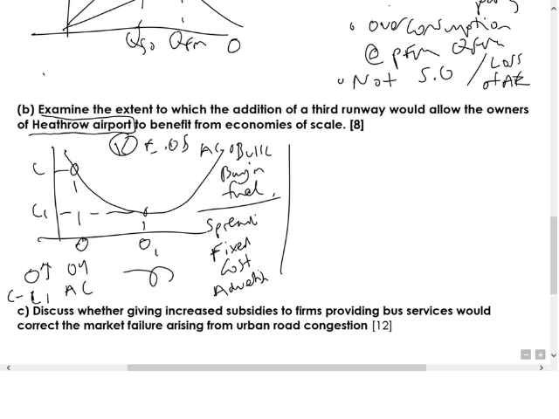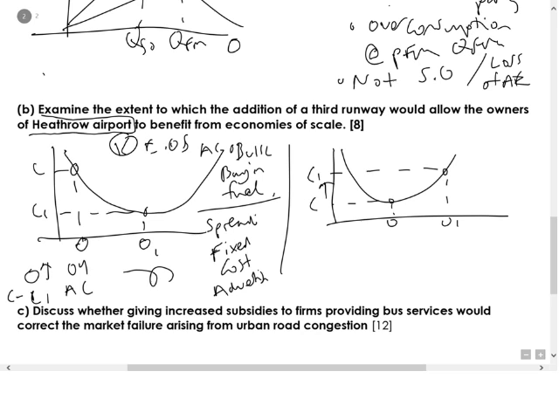Reasons why it might not. So you could just use the same graph and talk about diseconomies of scale, which would be one way to put the cost up from an increased output.